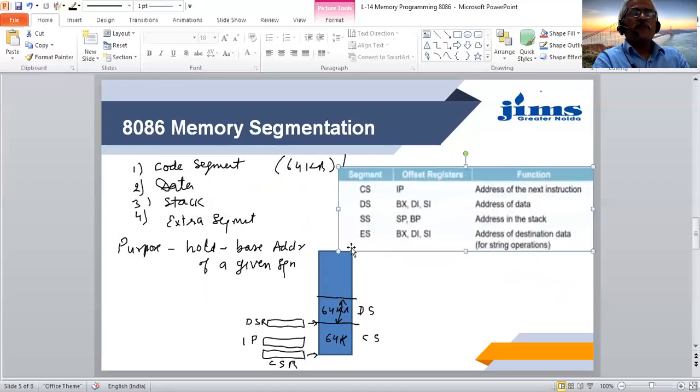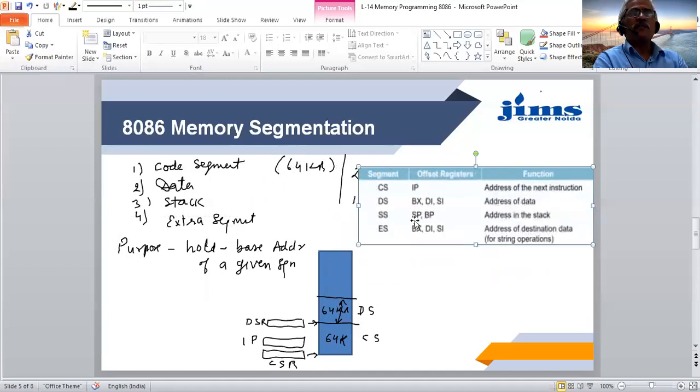Look at this figure, wherein I have shown the registers which hold the base address, called the segment registers, and the registers which hold the offsets.